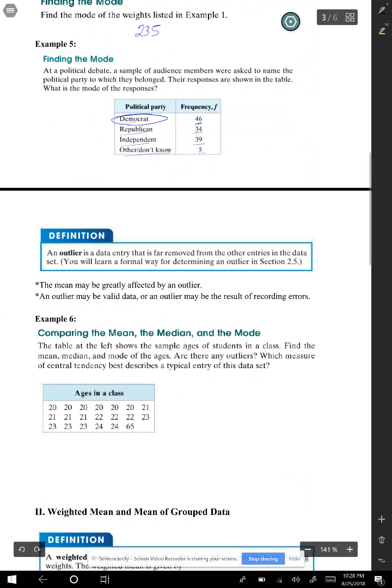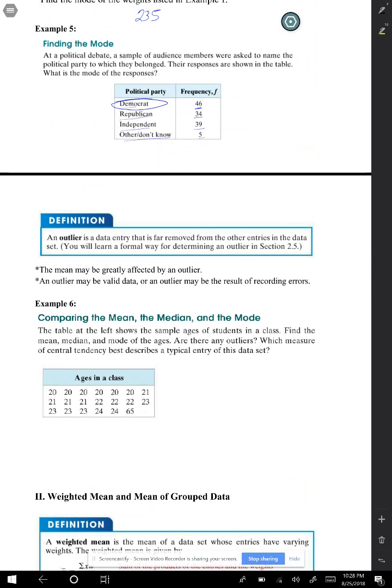An outlier is a data entry that is far removed from the other entries. So what that means is if all the numbers are kind of close together, and then you have one number that's much larger or one number that's much smaller, that would be considered an outlier. And then we're going to actually define outlier in section 2.5. They're going to give you a way to define it based on it's got to be a certain distance away from the others.